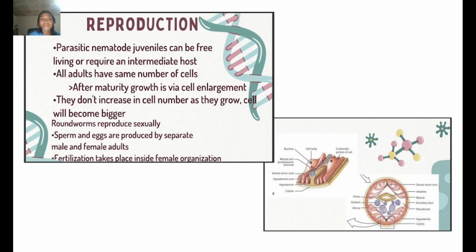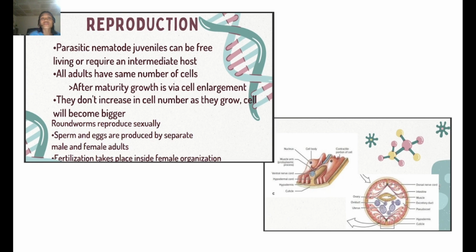All adults have the same number of cells. After maturity, growth is via cell enlargement, which means they don't increase in cell number as they grow. Instead, the cells become bigger. No matter what the size of the roundworm, big or small, they have the same cell number.